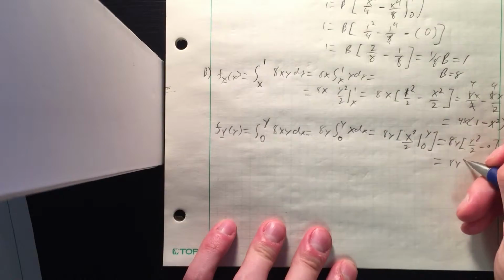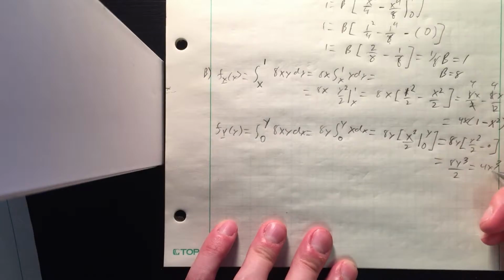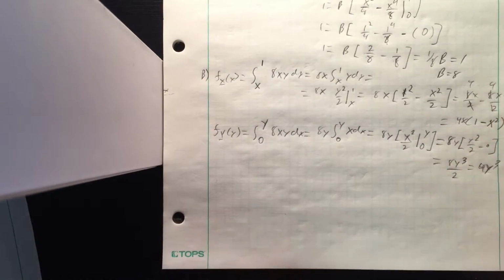So 8y cubed over 2, or 4y cubed. No x there.